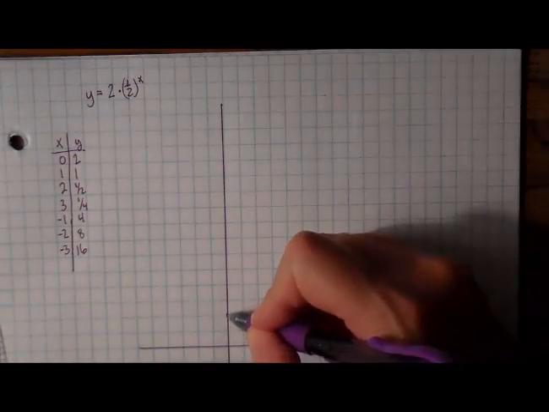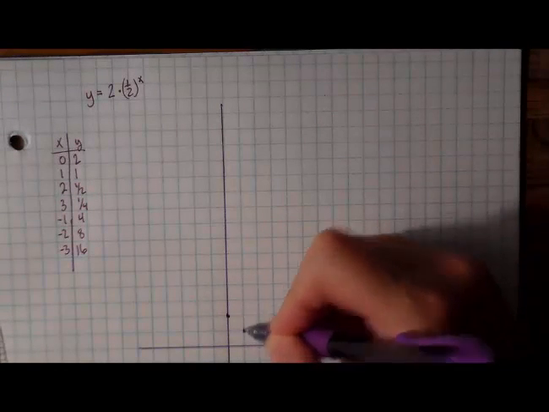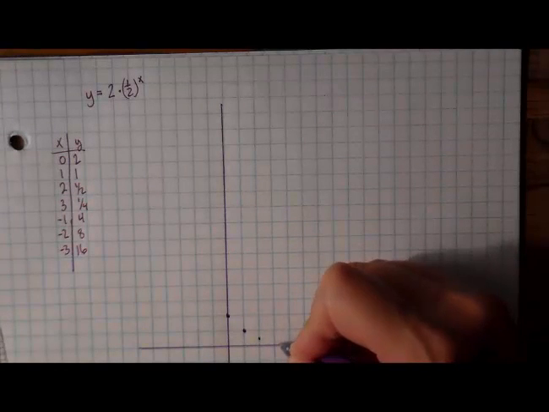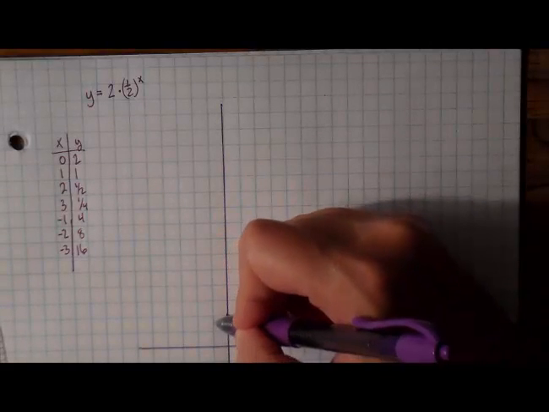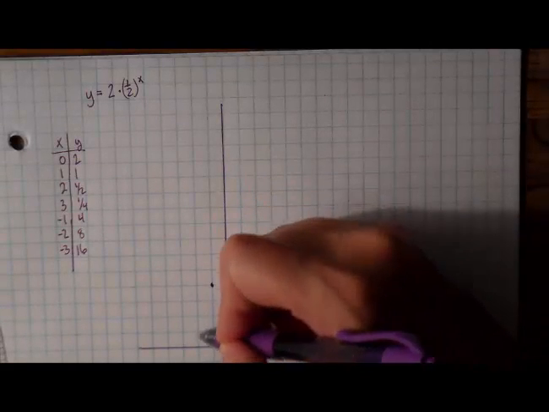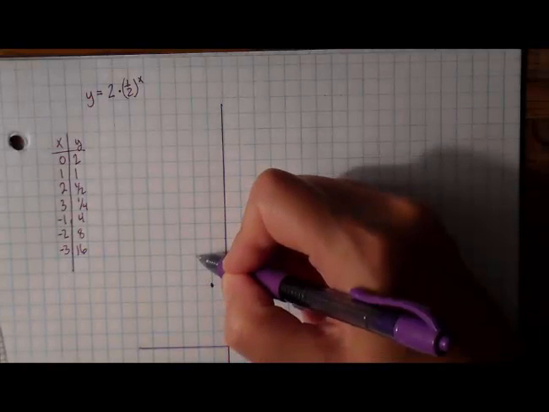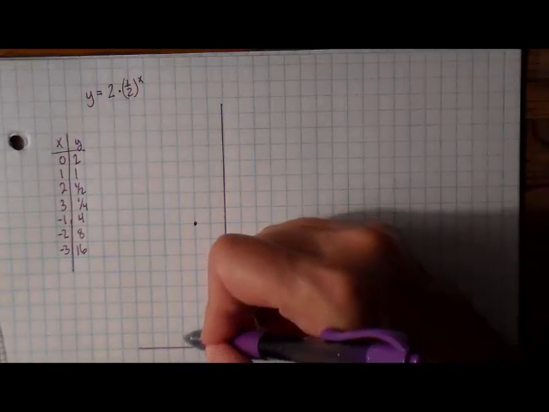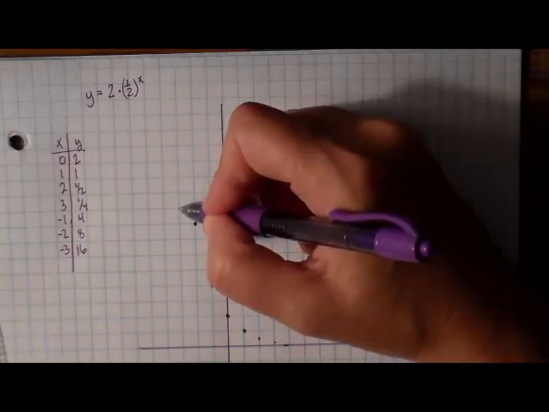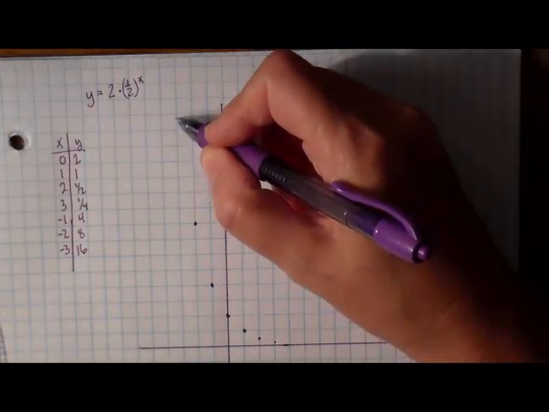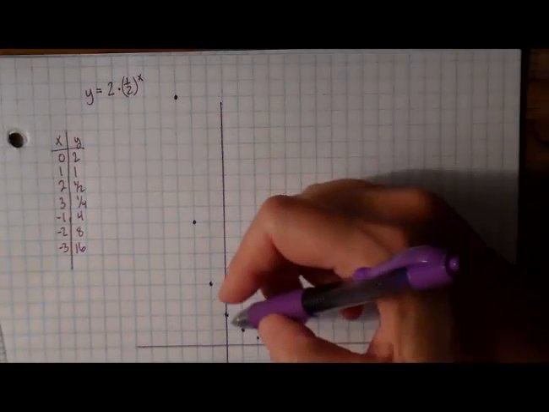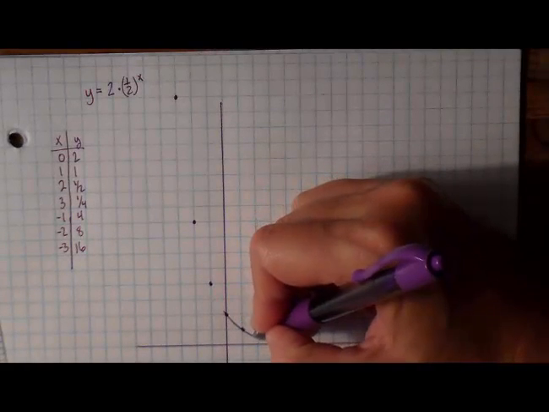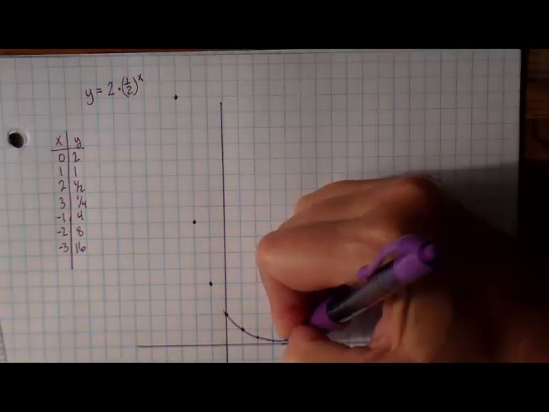So 0 gave me 2, 1 gives me 1, 2 gives me 1/2, 3 gives me 1/4, -1 gave me 4, -2 gave me 8, and -3 gave me 16.